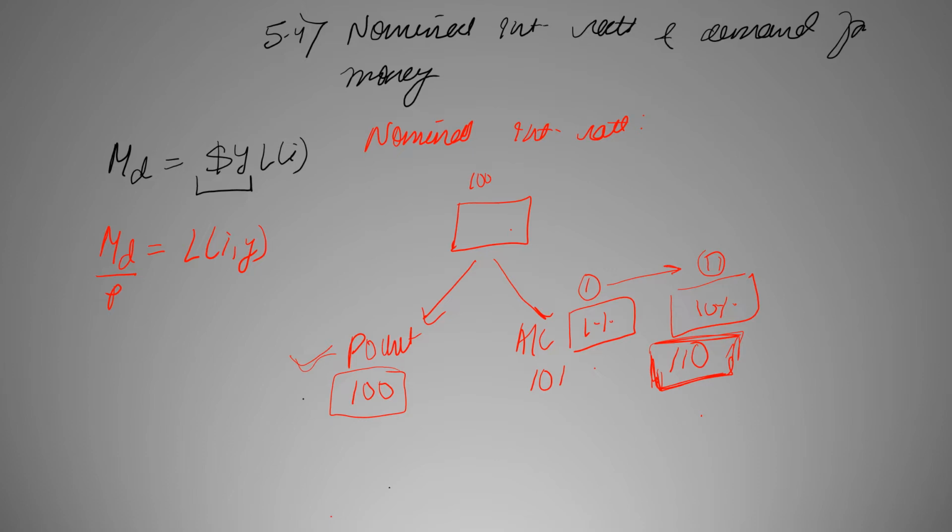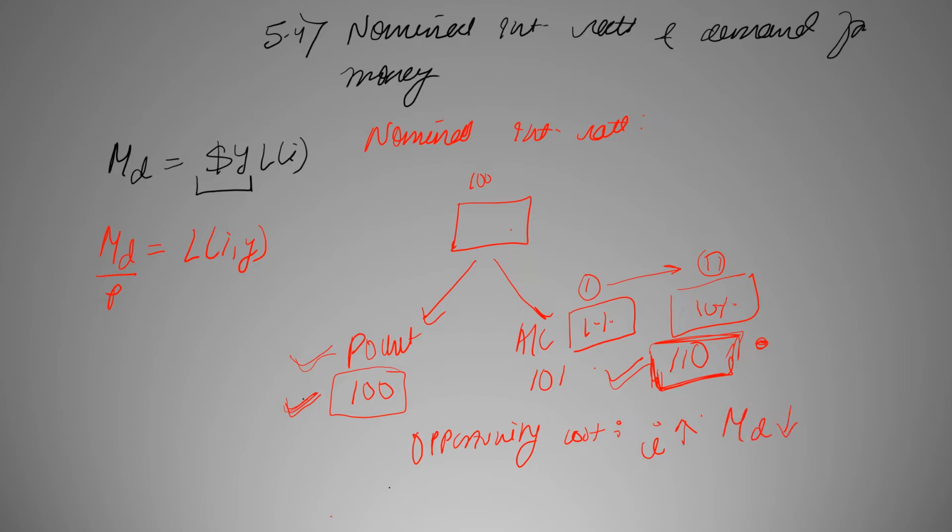This is exactly what opportunity cost is: the cost of the best option foregone. The best option was 110 and you chose 100. So as interest increases, your money demand will decrease.